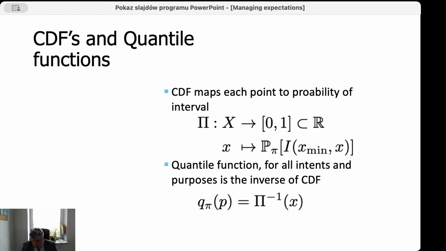And we do that using something called an inverse of the cumulative distribution function, also called the quantile function.